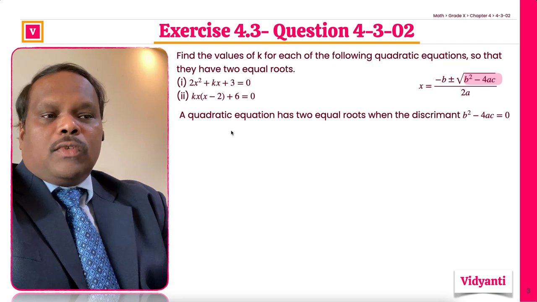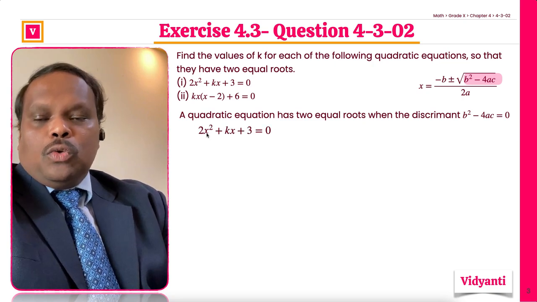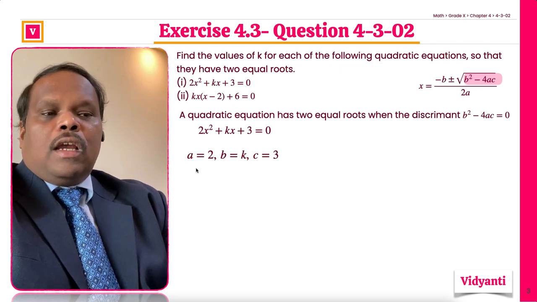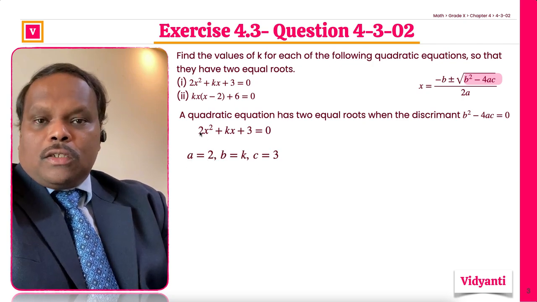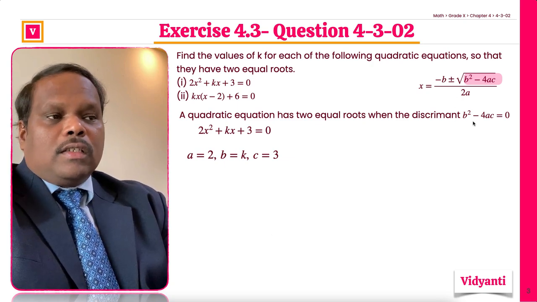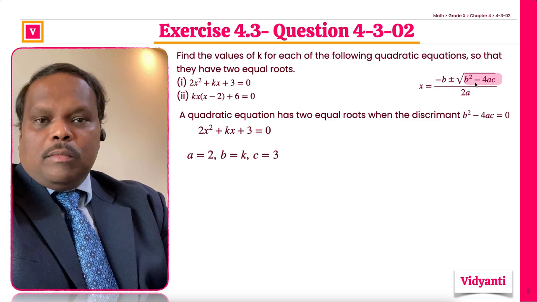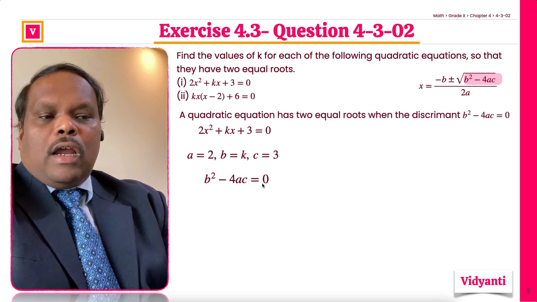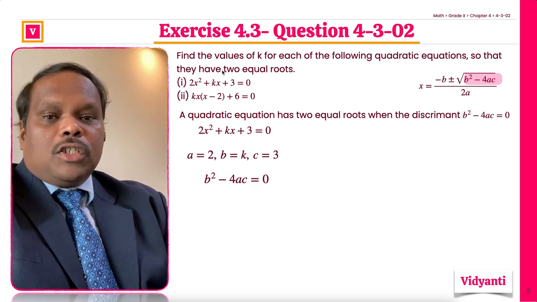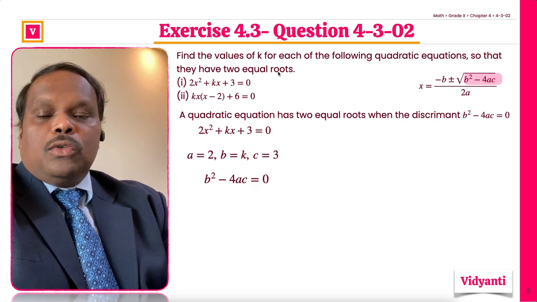So let's take the first expression, 2x square plus kx plus 3 equal to 0. Compare that with ax square plus bx plus c, and you will get a, the coefficient of x square, b, the coefficient of x, and c, the constant term. In that case, we will evaluate the discriminant, b square minus 4ac, and equate it to 0, because we are looking for the specific situation where the roots are going to be equal.